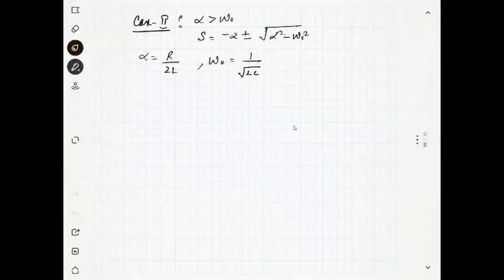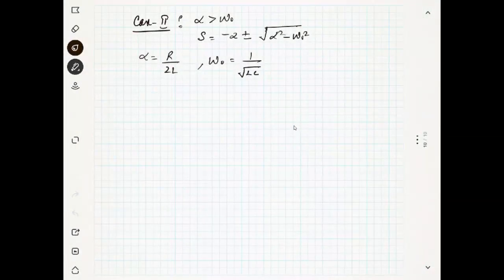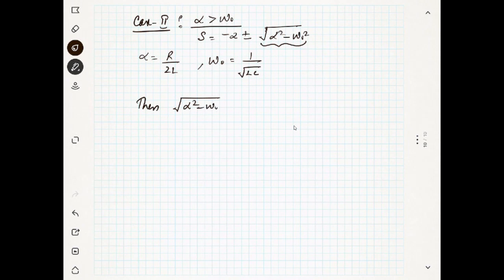Now we will see what the situation is if alpha is greater than omega naught. If alpha is greater than omega naught, you will have a number here: the square root of alpha square minus omega naught square.